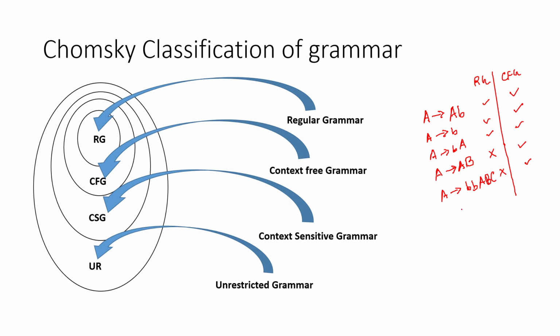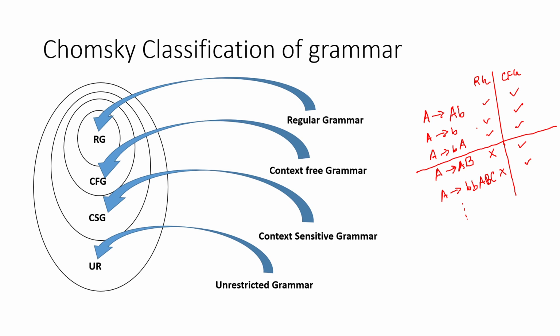So I can say that those grammar which are regular are also context free. But if a grammar is context free, it does not mean that the grammar will be regular also, because of this loosening of restriction in case of context free.